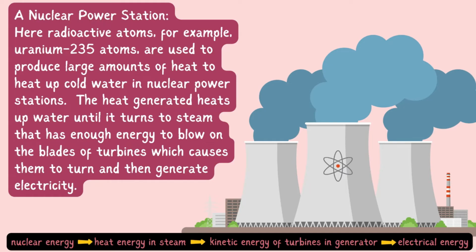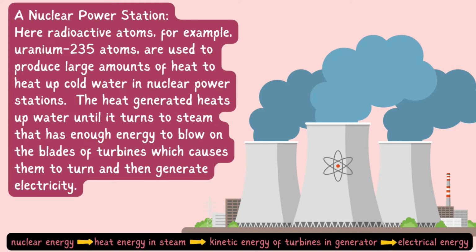A nuclear power station uses radioactive atoms, for example uranium-235 atoms, and they're used to produce large amounts of heat to heat up cold water in nuclear power stations. The heat generated heats up the water until it turns to steam that has enough energy to blow on the blades of turbines, which causes them to turn and then generate electricity.